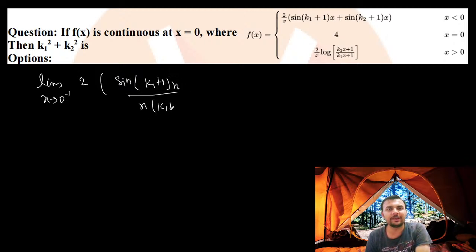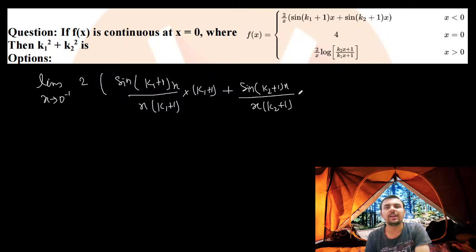So we multiply and divide by k1 plus 1, and we have sin(k2 x) upon x, multiplied by k2 plus 1. This is 1. So we are getting 2(k1 plus 1) plus k2 plus 2, which is equal to 4 because it is continuous, isn't it?